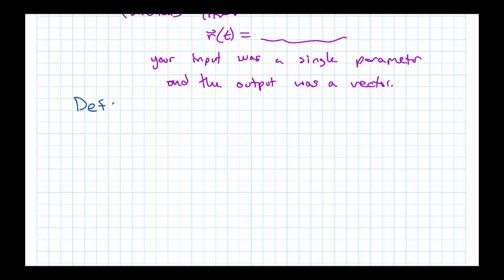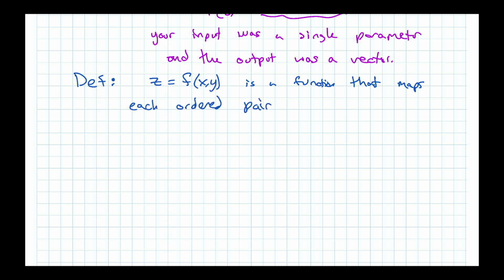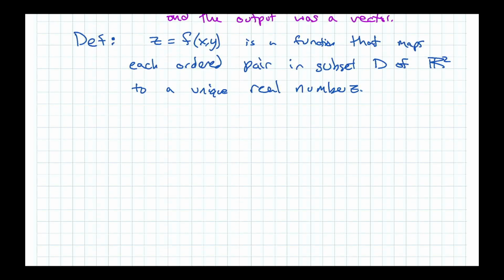Our definition is like this: z equals f of x y is a function that maps each ordered pair in a subset D of R2 to a unique real number z. And then D is called the domain.